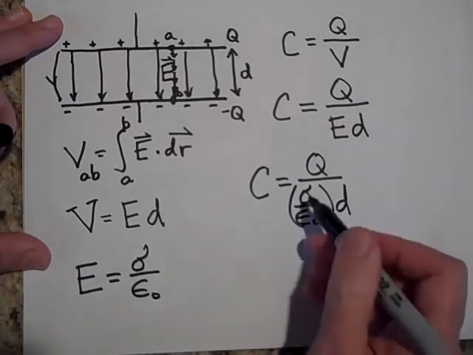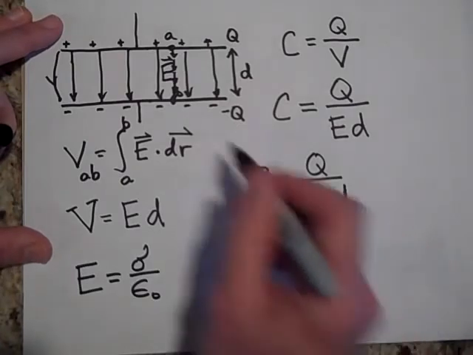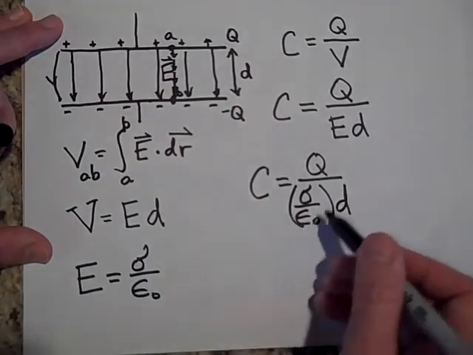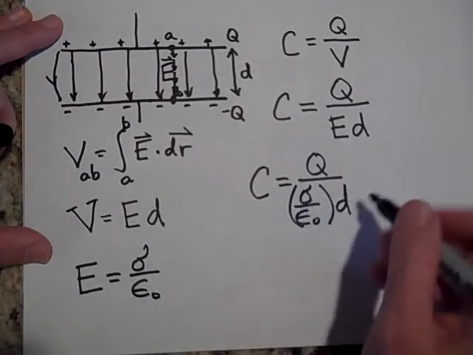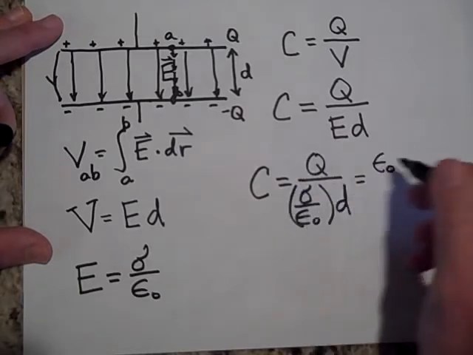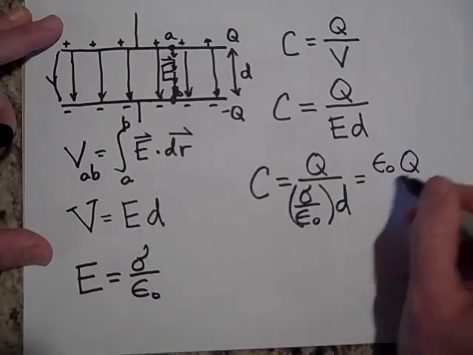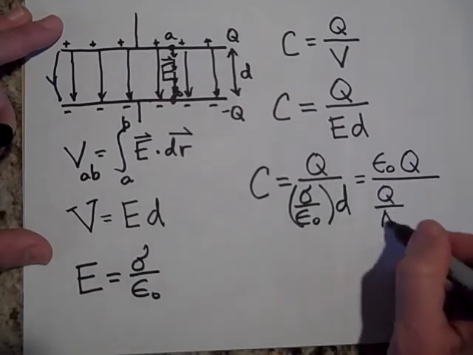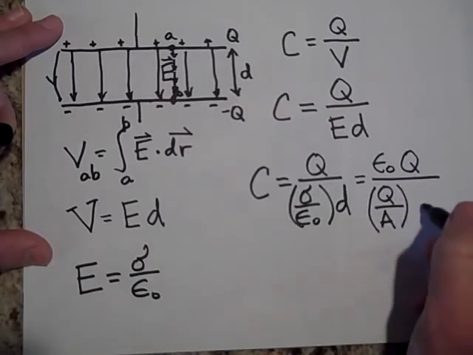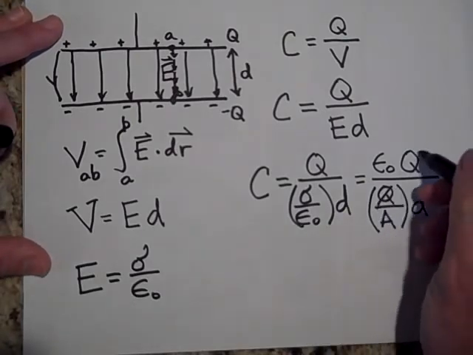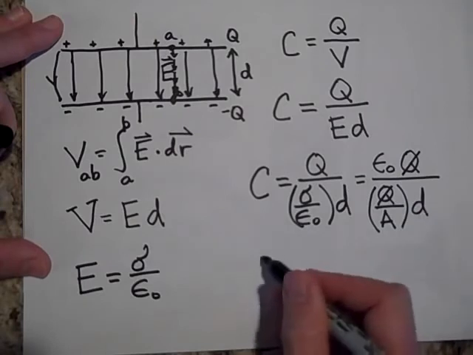But sigma is Q over A. It's the charge per area on this thing. So let me bring the epsilon naught all the way up, and for sigma I'm going to put Q over A. Okay, we can cancel out a Q, and that A can come all the way up to the top.